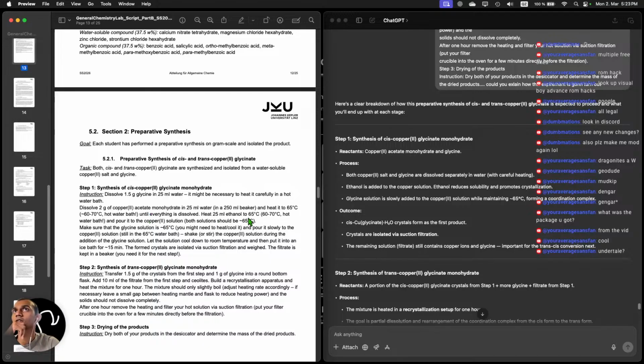Heat 25 milliliters ethanol to 65 and pour it onto the copper solution. Make sure the glycine solution is at 65.